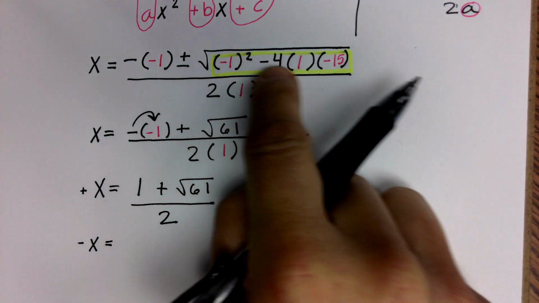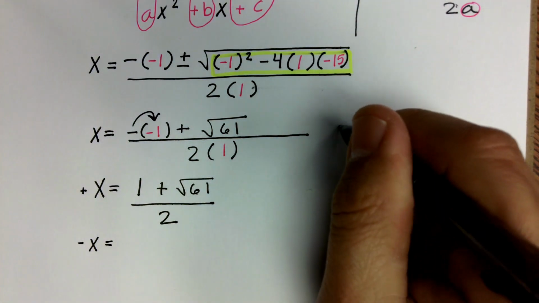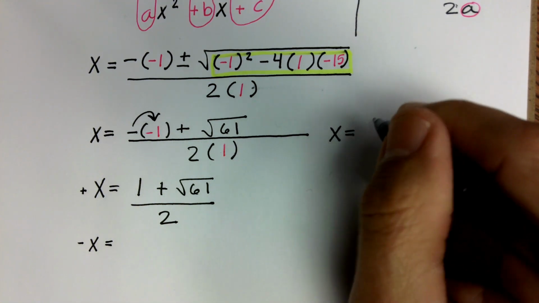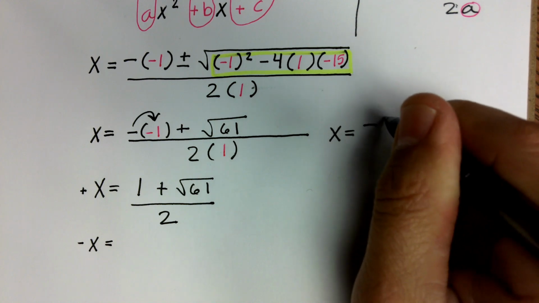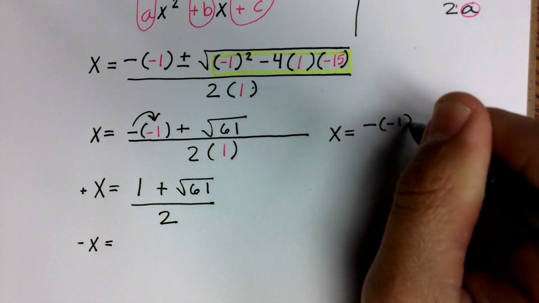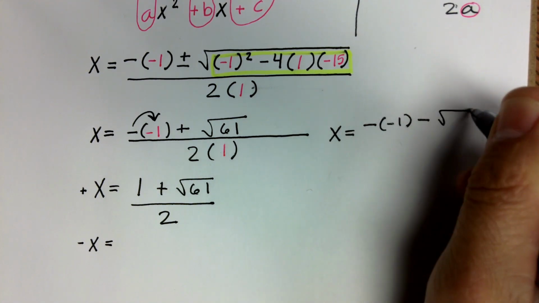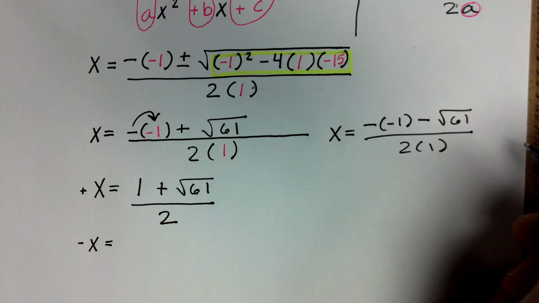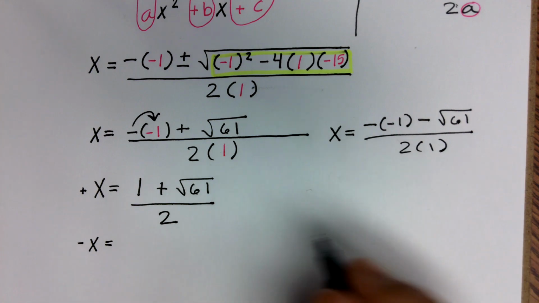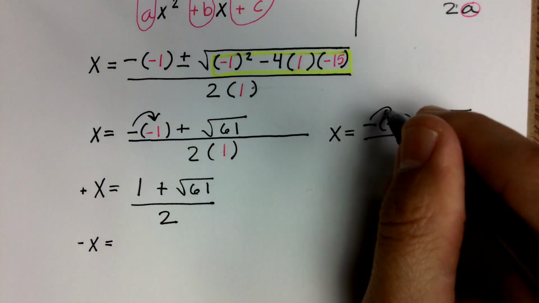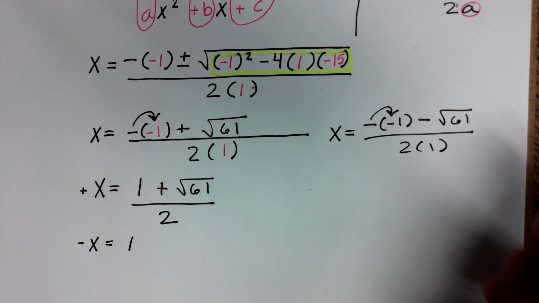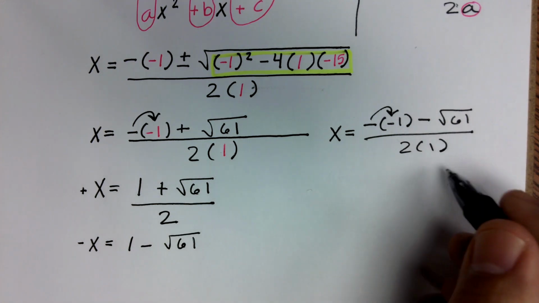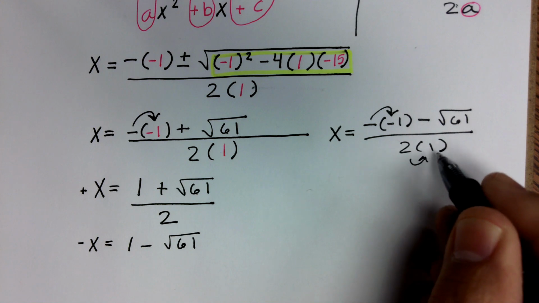Nothing would change on the inside here, but what we'd end up with for our second solution would be x is equal to -1 minus the square root of 61 over 2 times 1. And once again, if we did the math on there, we would just distribute this. That would give us a +1, and it would be minus the square root of 61. And 2 times 1 just gives us 2.